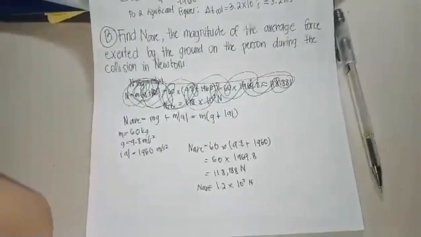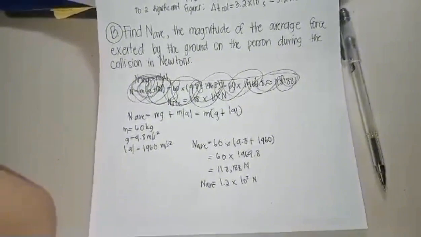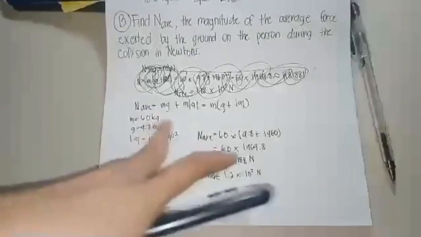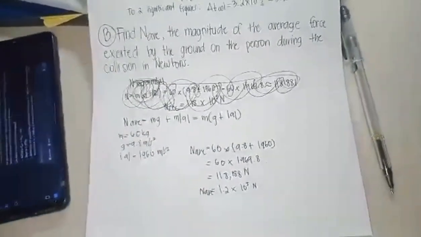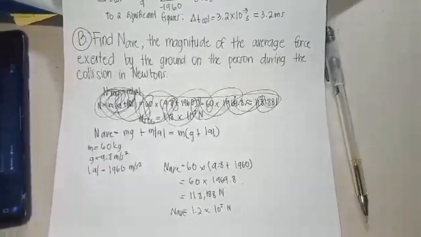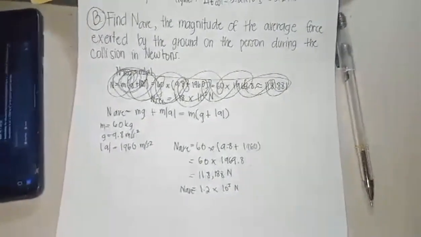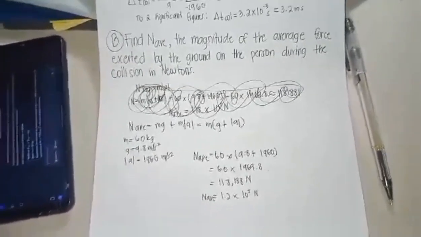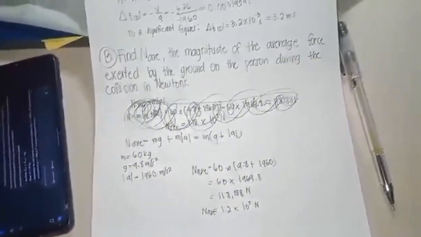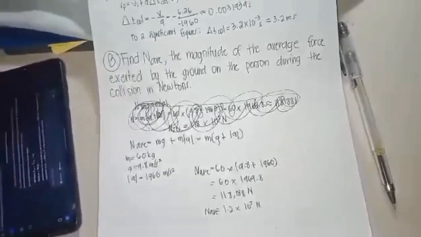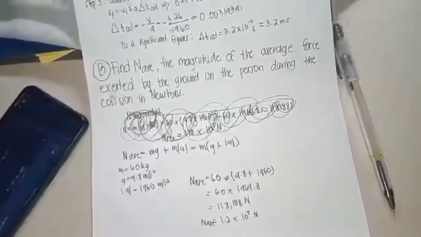Now we are going to apply Newton's second law: N sub average is equal to mg plus m times the absolute value of a, which is m times g plus the absolute value of a. After that, we substitute the values, and after calculating, the answer is 1.2 times 10 raised to the power of 5 N.